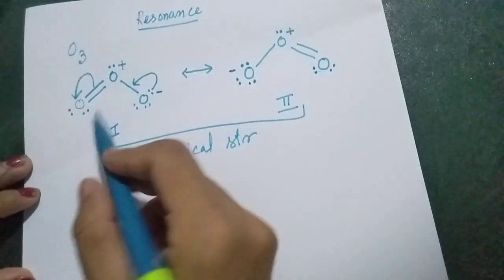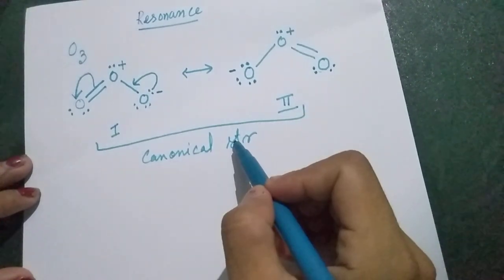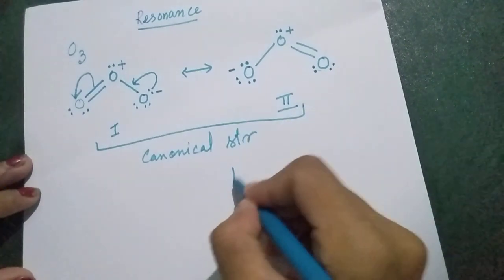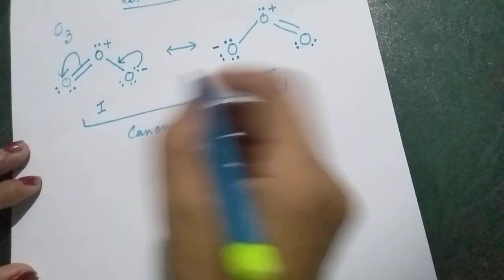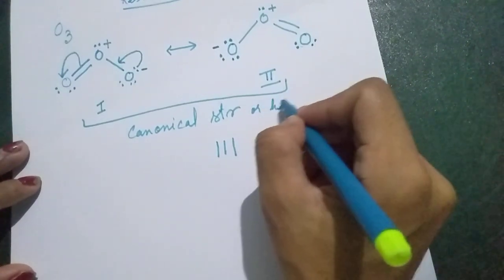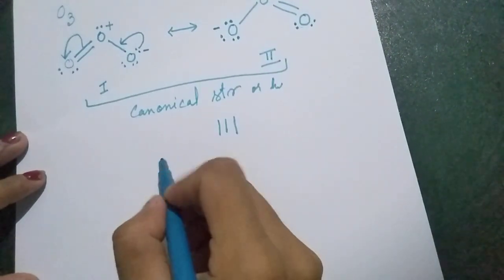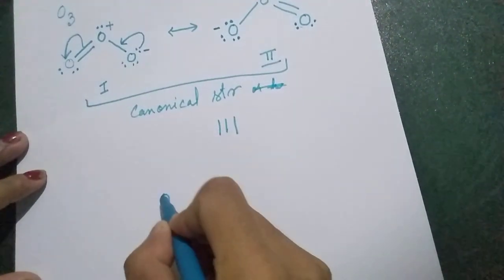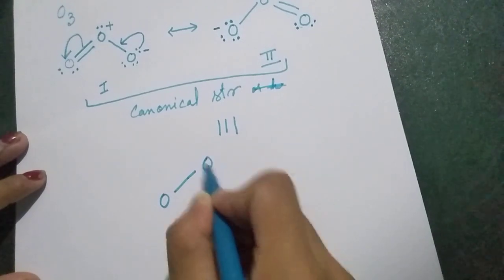So these two structures are called canonical structures, and from these two structures we can draw another structure, which we call the resonating structure. Now the real structure, or the hybridized structure, can be drawn in this form.